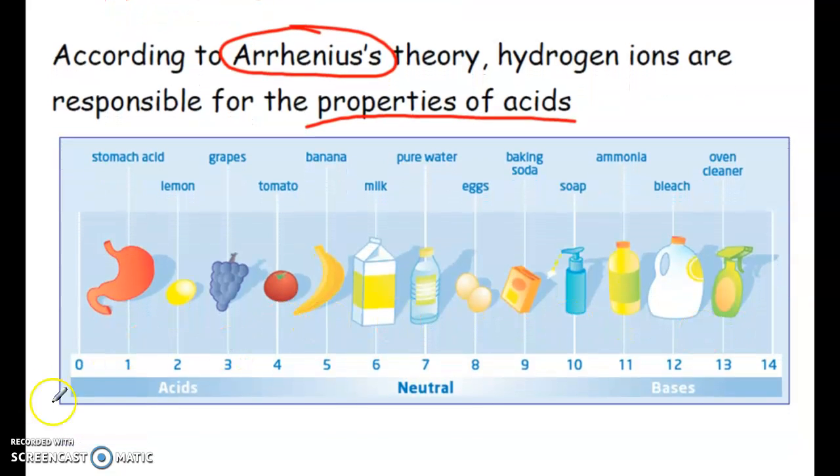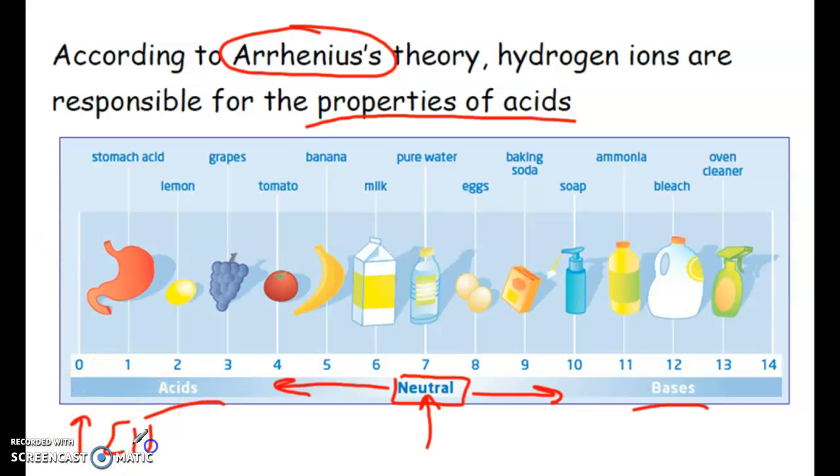So here's a very simple pH scale. It runs from 0 to 14, with 7 in the middle, which is neutral. Anything lower than 7 is considered an acid, and anything higher than 7 is considered a base. As mentioned before, the lower on the pH scale we go, the more acidic the solution is.